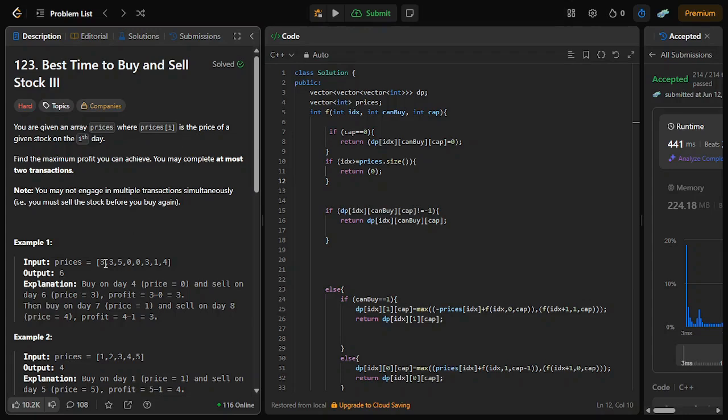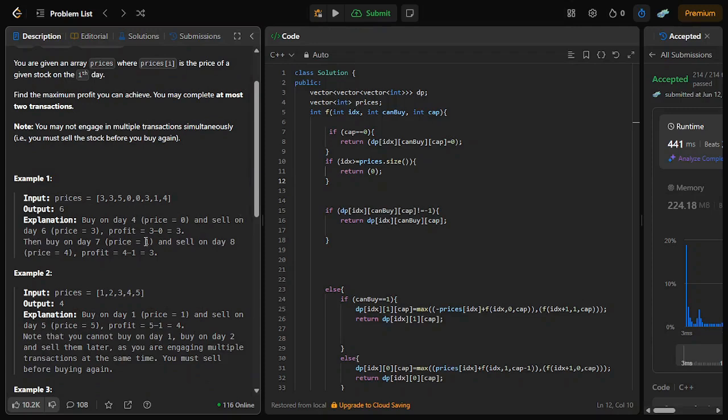You buy and then sell whenever you get the next day's price to be greater, so you buy and sell for an immediate profit, and then you buy again and keep doing so. That would be the approach when the number of transactions is infinite. But of course we cannot do this if there is a cap of two transactions.